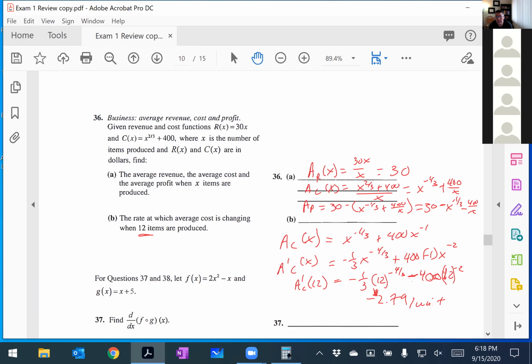I don't know what this thing looks like, but I'm guessing it's something like this. Actually, let's make it more accurate to what we're working with. It would look more like this.